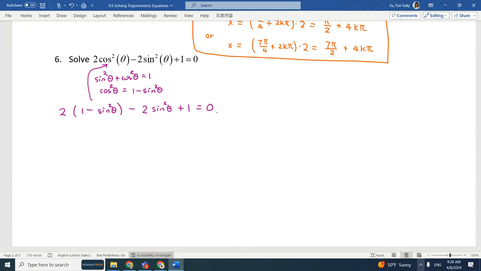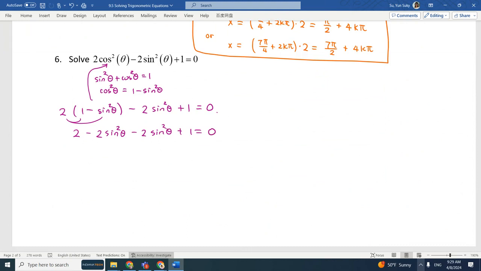So we're going to distribute and combine the like terms. So 2 times 1 is 2, and then minus 2 sine squared. Right, everybody?